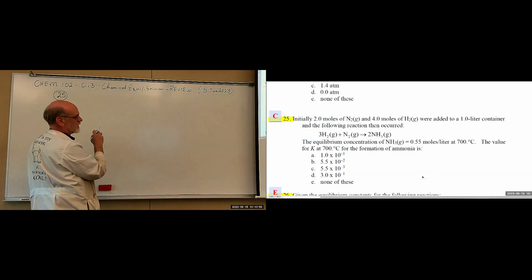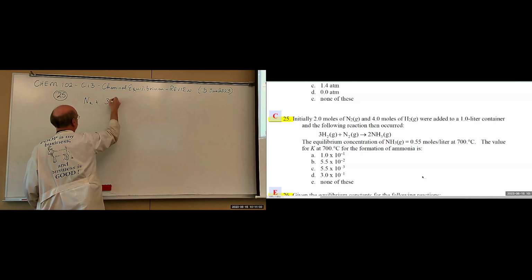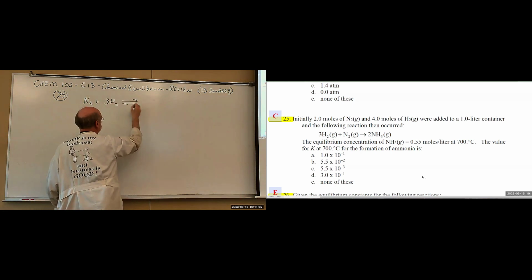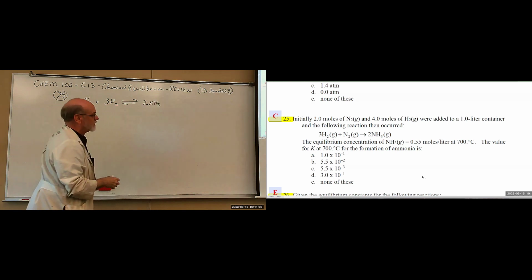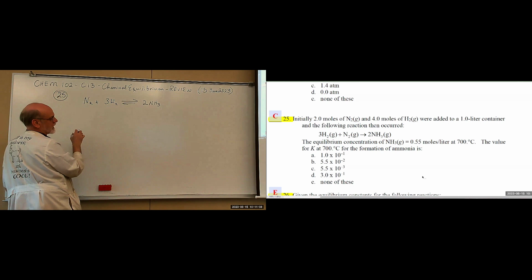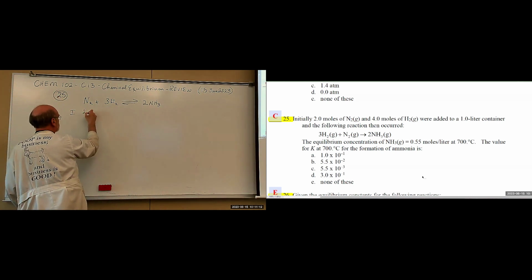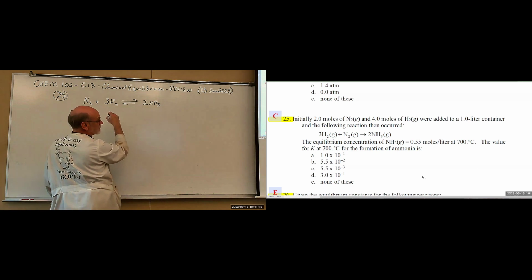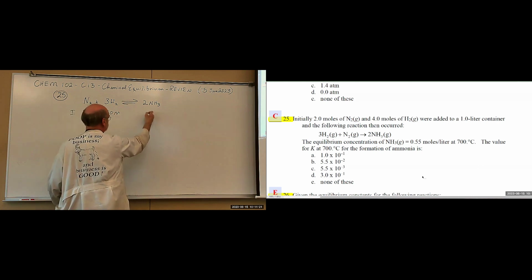Let's write it in a familiar form like this instead of that backwards way. 2 moles of nitrogen and 4 moles of hydrogen in a 1 liter container. So initially we do have 2 molar and 4 molar. And nothing there.